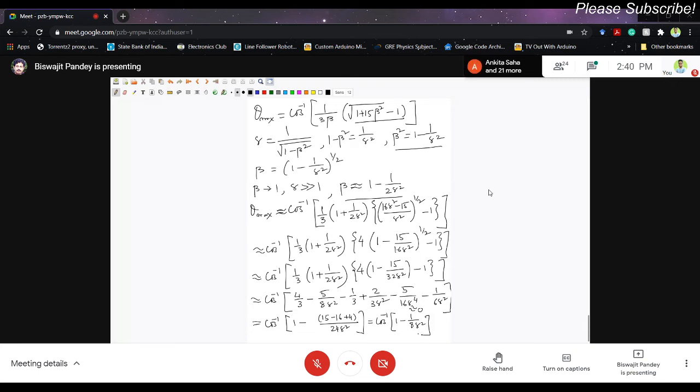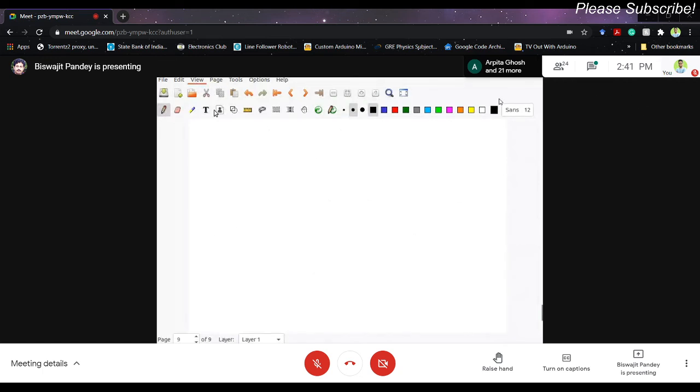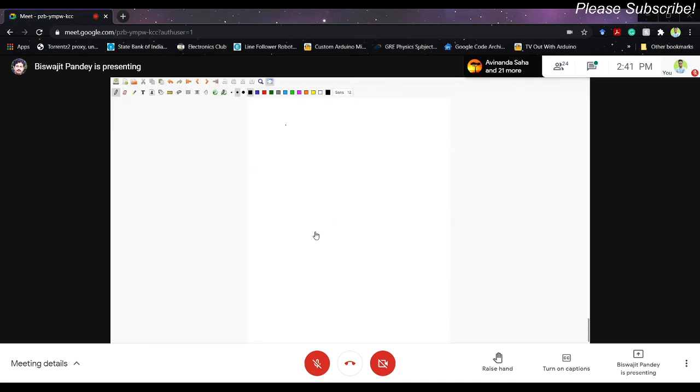So this is dP by d omega. So theta max equal to cos inverse. Let us simplify it again. So theta max that we have calculated, we got cos inverse 1 minus 1 by 8 gamma square, right?